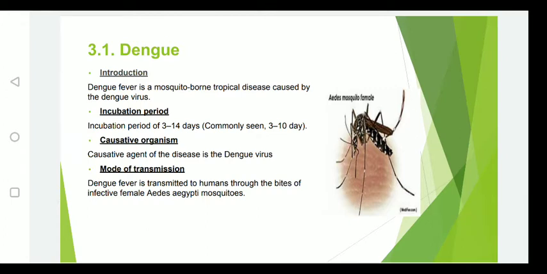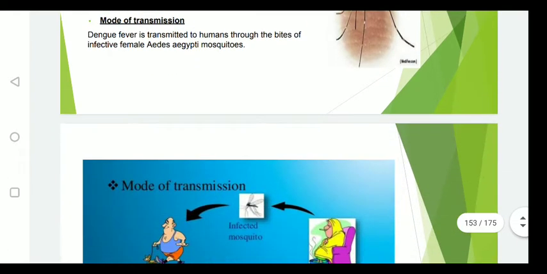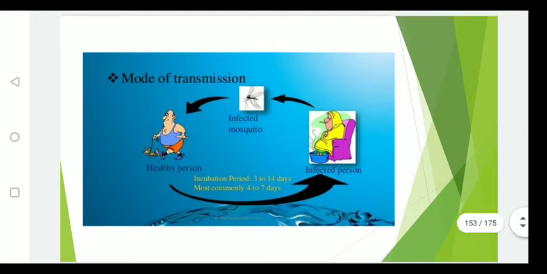So it is actually a female mosquito only. The mosquito which causes dengue fever is the female Aedes aegypti mosquito. We'll see the mode of transmission cycle. First we can see the infected mosquito. Then on the right side we can see the infected person, and on the left side the healthy person.